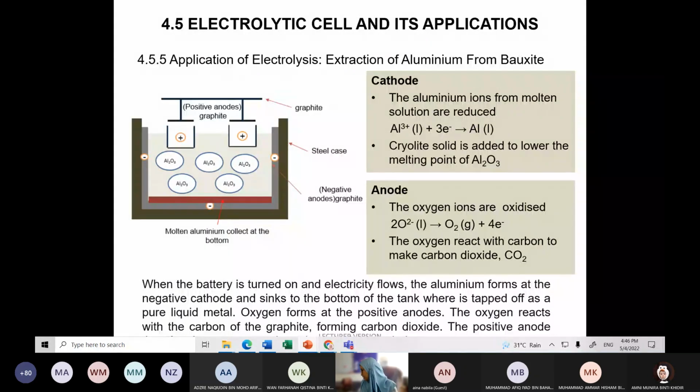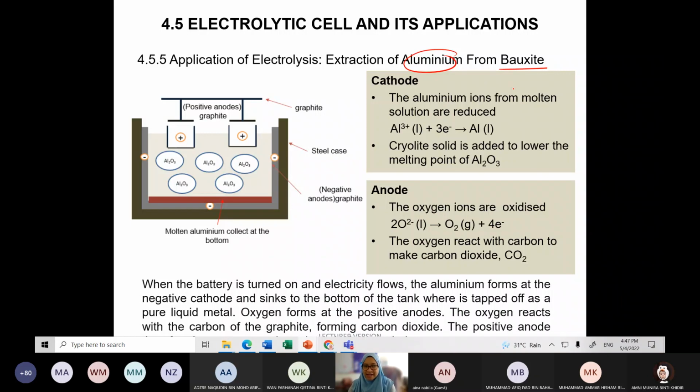And last but not least, just enough time, electrolytic cell and its application. This is the application of the electrolytic cell. Electrolytic cell can be used to extract aluminium from bauxite.